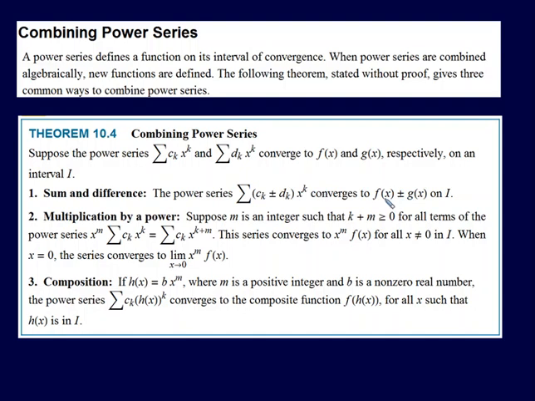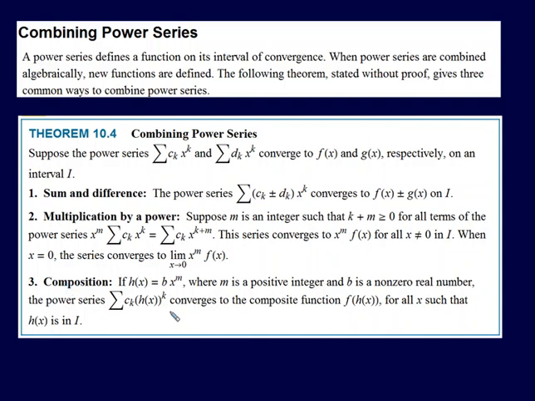And just like I can multiply two functions like f of x times g of x, I could multiply their power series together and create a power series for the product of the two functions, f of x and g of x. The third part is a composition.